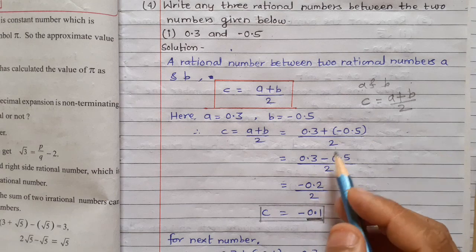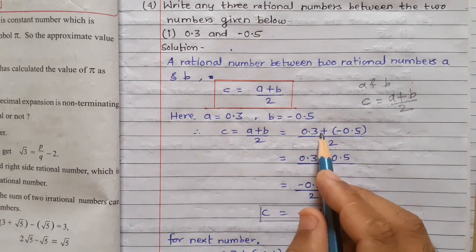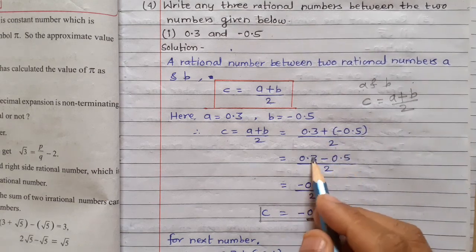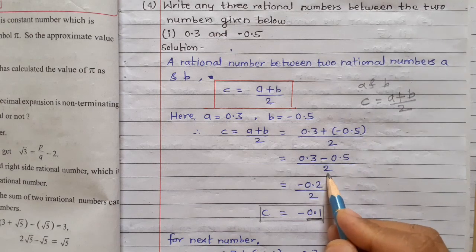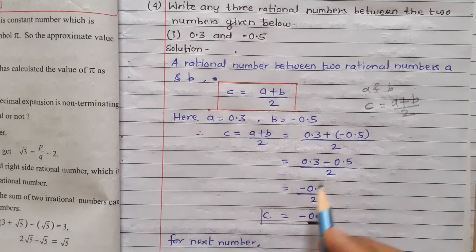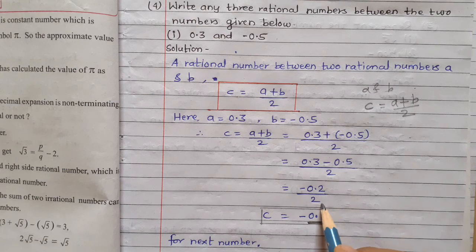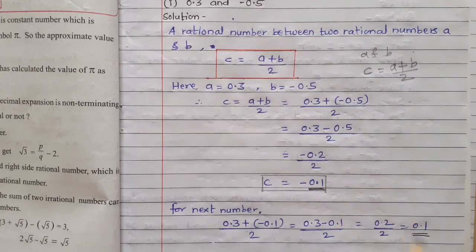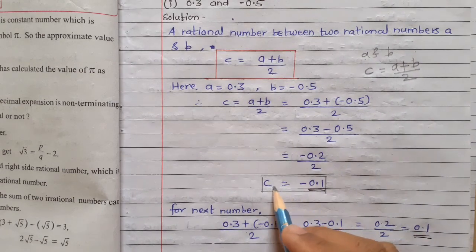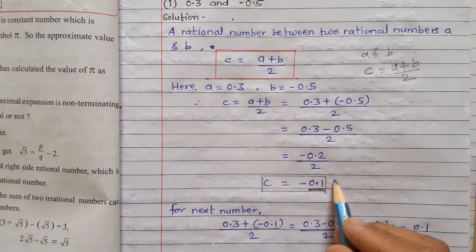Now simply solve it. 0.3 plus minus 0.5, that is 0.3 minus 0.5 upon 2. Then subtract it. We are having minus 0.2 upon 2. Next, we have C is equal to minus 0.1.